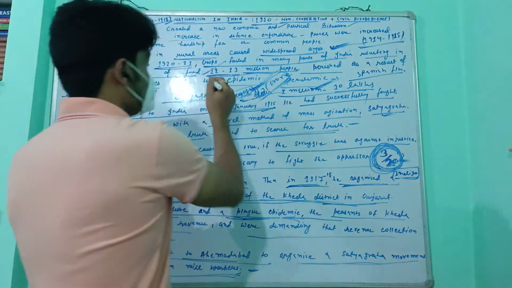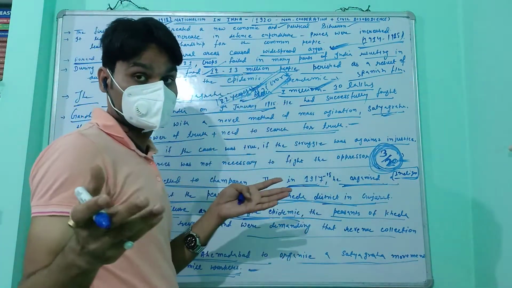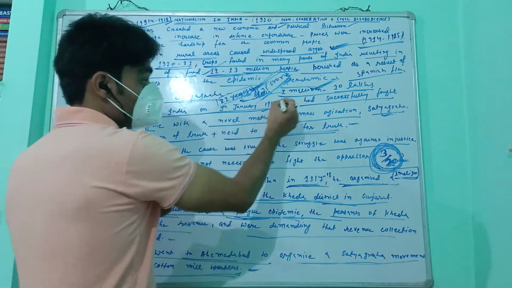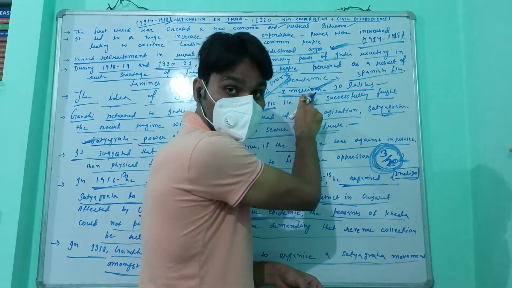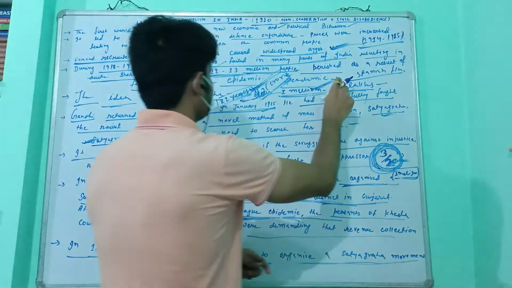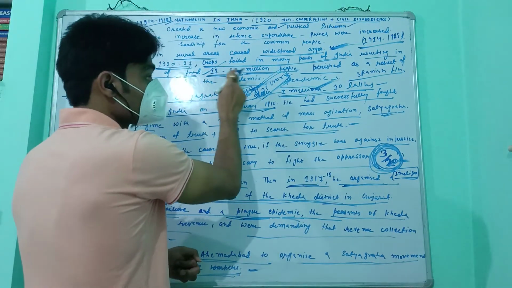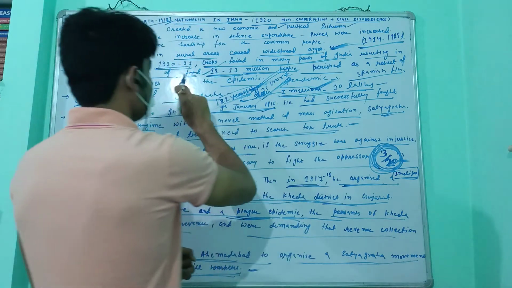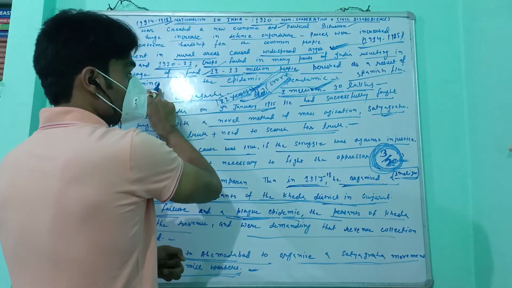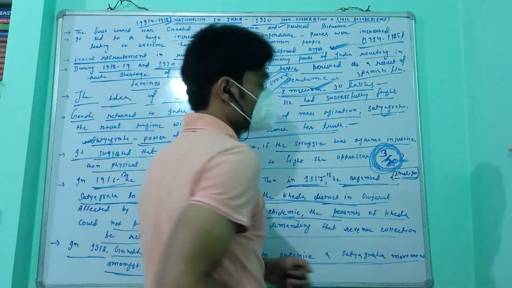You see, it's great data. 1 million is equal to 10 lakhs. So around 12 to 13 million people lost their lives due to famines and epidemic.